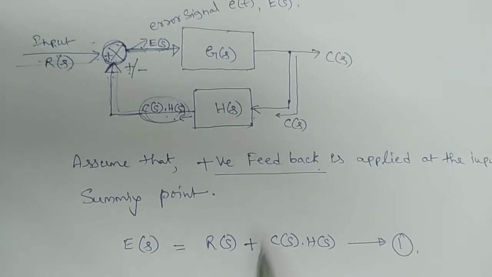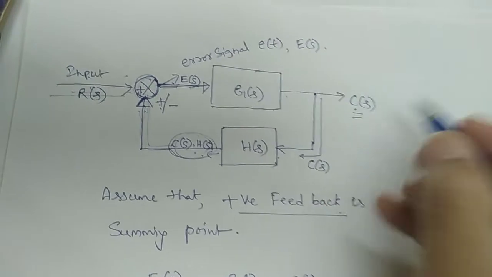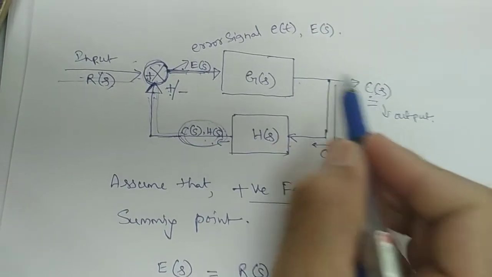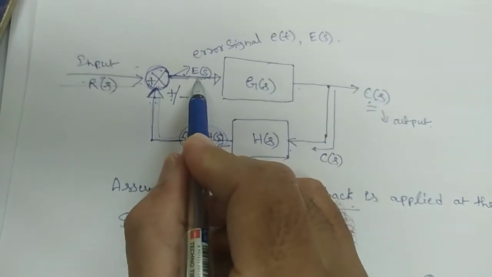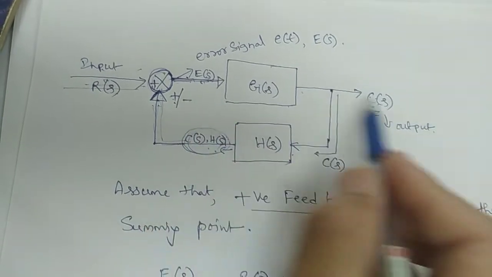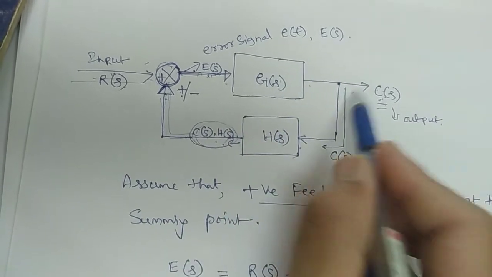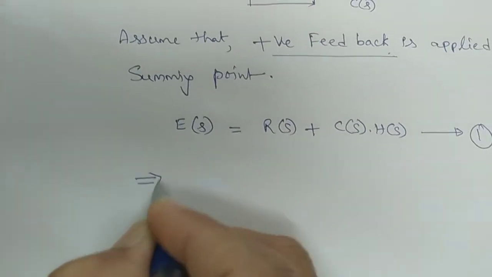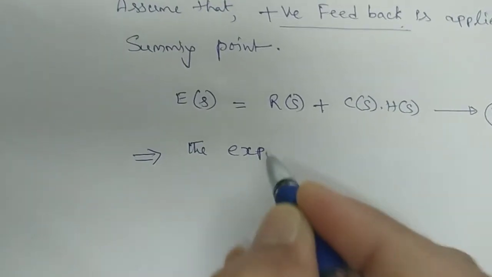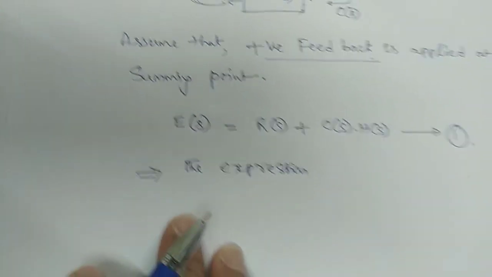Now coming to here, this is C of S, this is the output, this is the gain, and this is the input E of S. You write a relation between these three: output, gain and E of S. For your simplicity I am explaining, this class will be very useful for beginners.